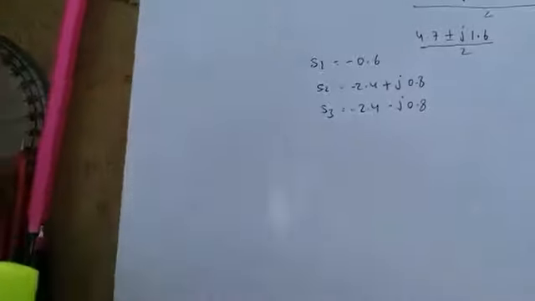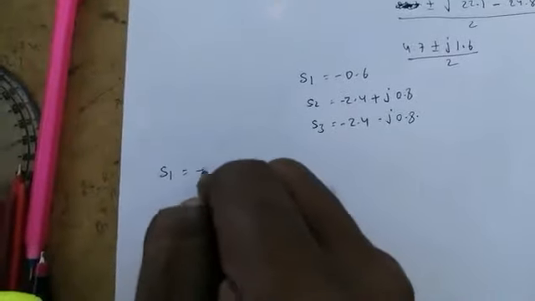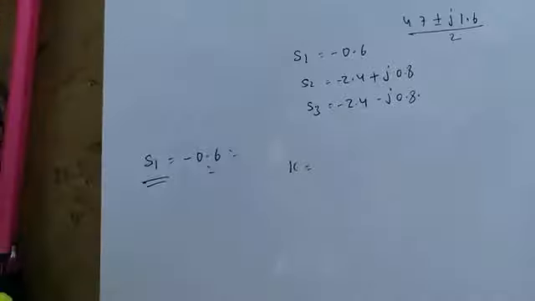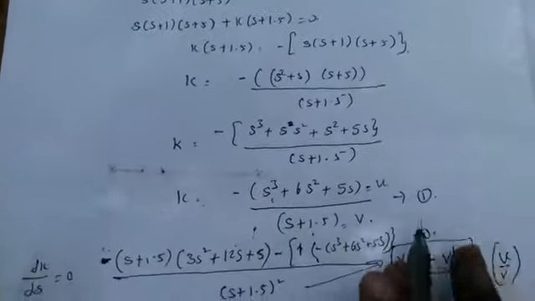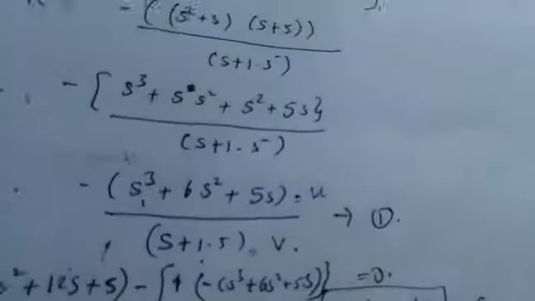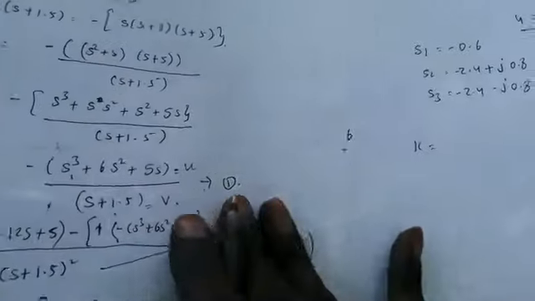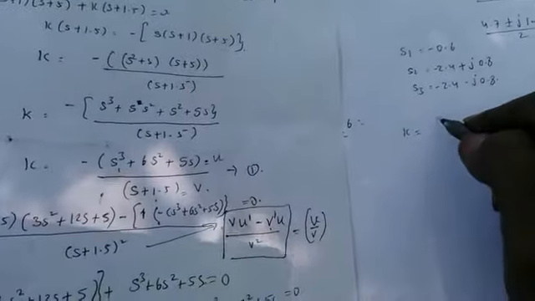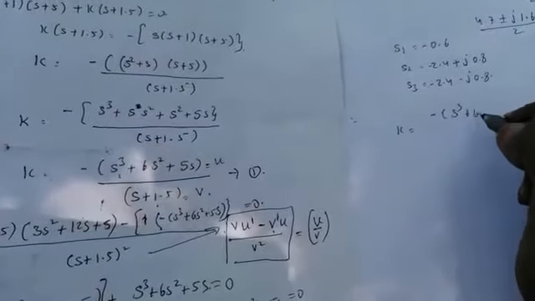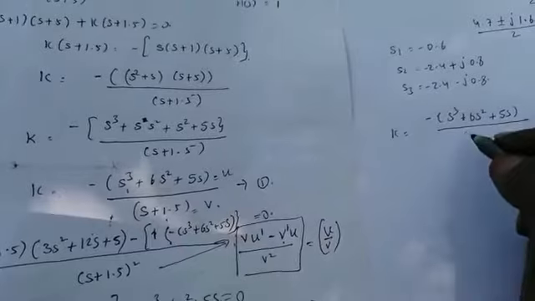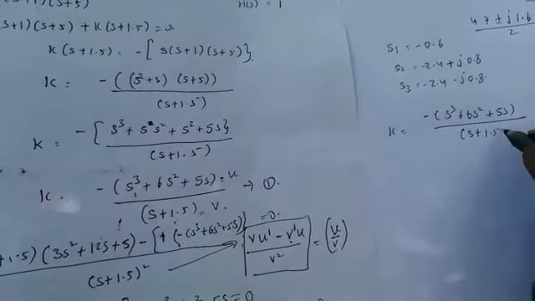So let me consider s1 equals minus 0.6. We have to substitute it in k. So what is the k equation? The k equation is this one: k equals minus of s cubed plus 6s squared plus 5s, divided by s plus 1.5.